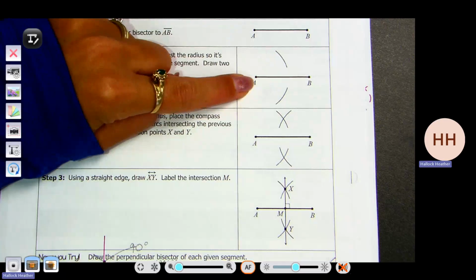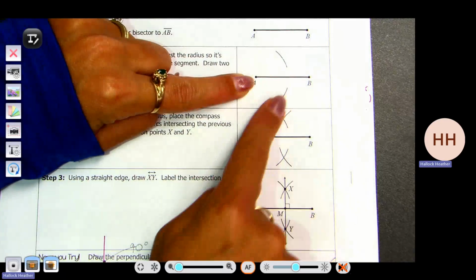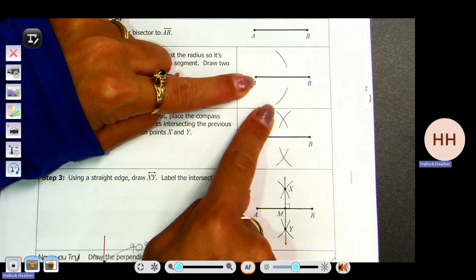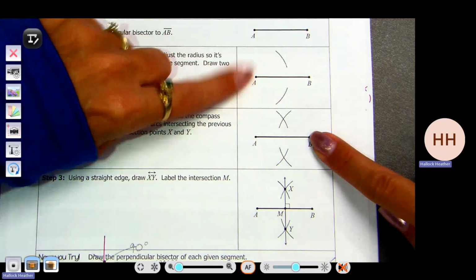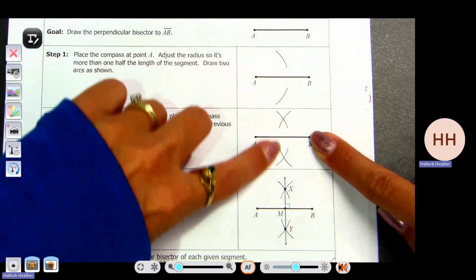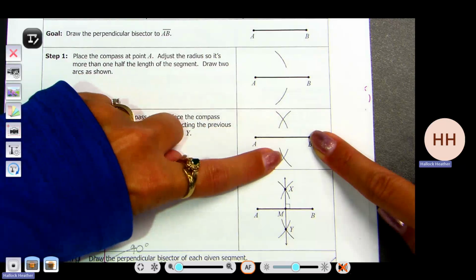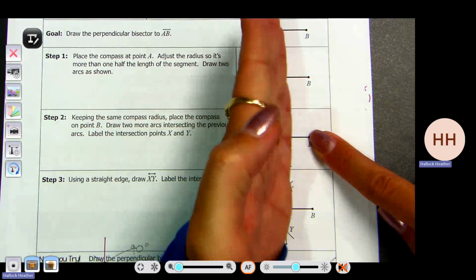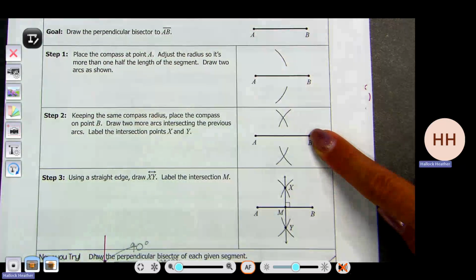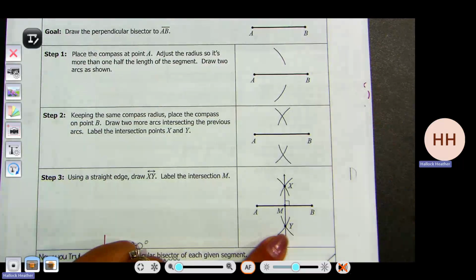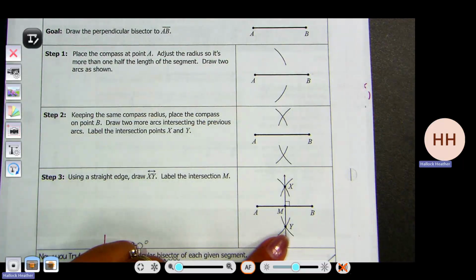We open the compass more than half the distance and we draw half a circle, making our arc marks. We move our compass to the other side and we make half a circle, making our arc marks. Where they intersect, we make points and we connect our points to make our perpendicular bisector. So it splits it in half and it also makes a 90-degree angle.